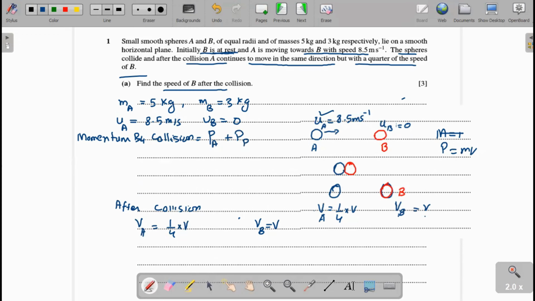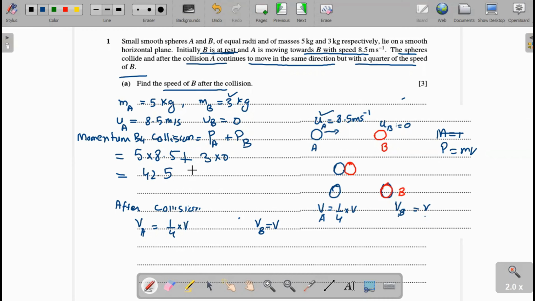Now the momentum formula is P is equal to mv. Now we write it. PA is 5 multiply 8.5, plus PB is 3 multiply 0. Here the mass is 3 and multiply 0.